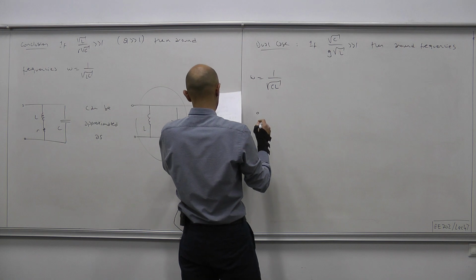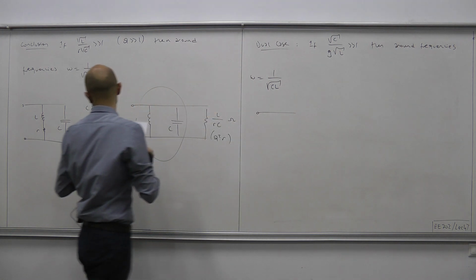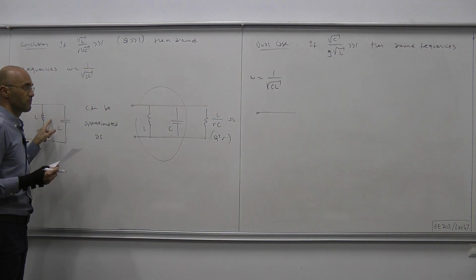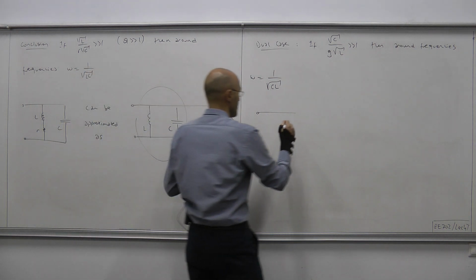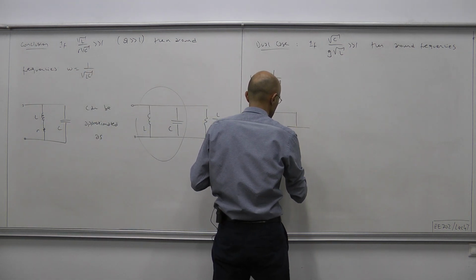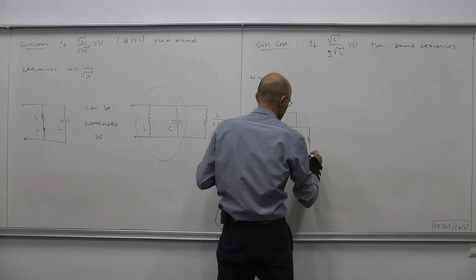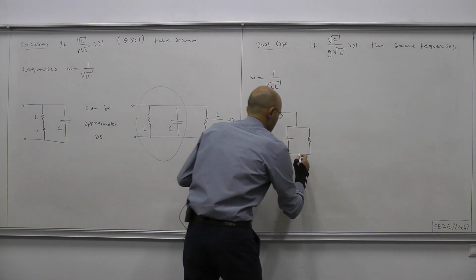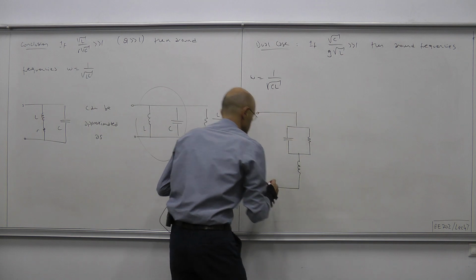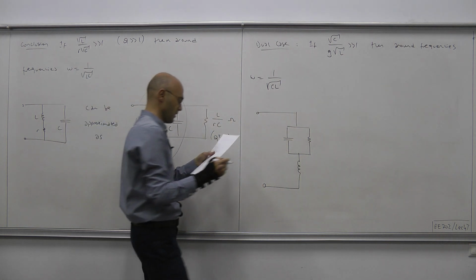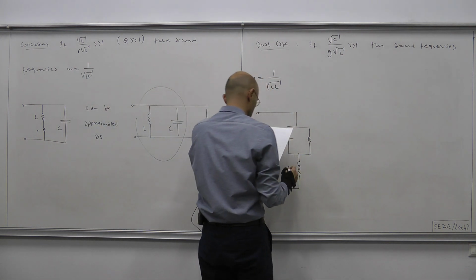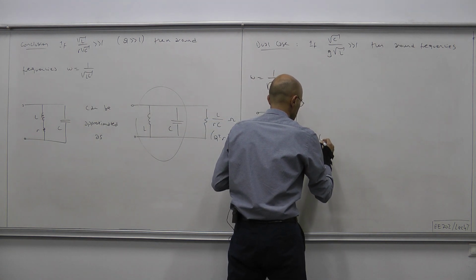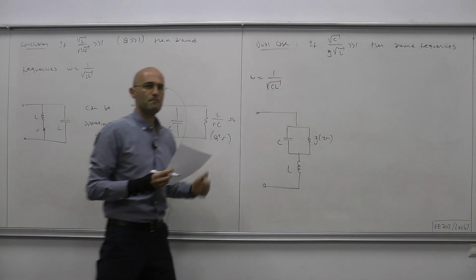This thing is the dual of this circuit here, which is a capacitor connected in parallel with a conductor, and the whole thing is in series with an inductor. C, L, and this is G, measured in mhos.